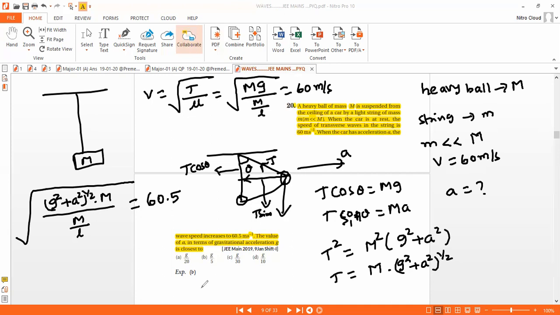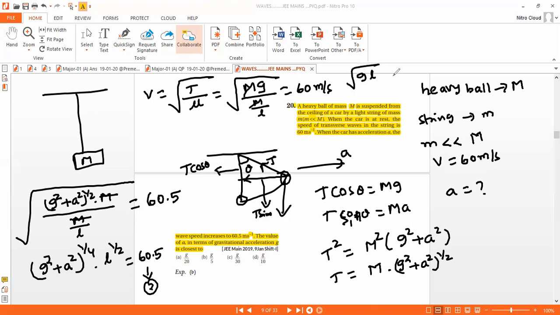That is (G square plus A square) whole power 1 by 4 into L power half is equal to 60.5, called as equation 2. And here, under root GL is equal to 60, this one as equation 1.